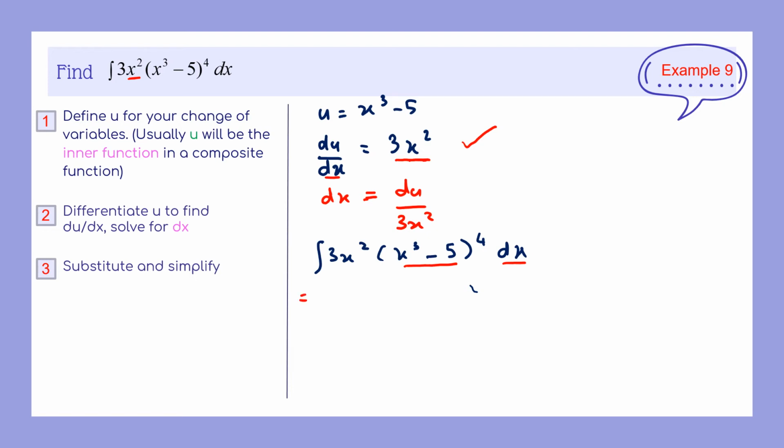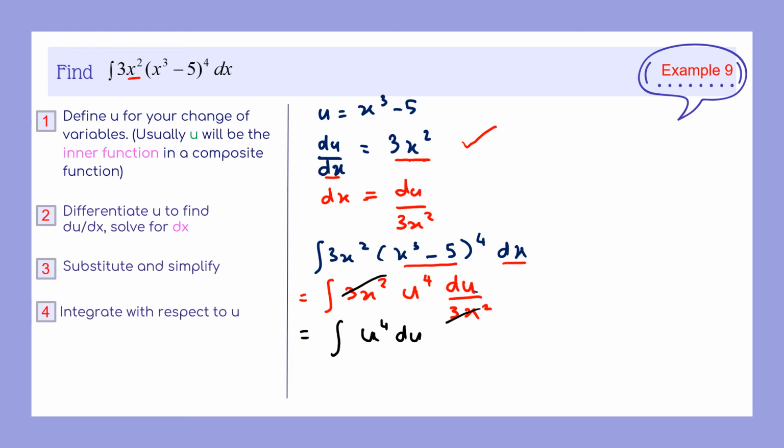So we get integrate 3x^2 u^4, dx is du over 3x^2. And then we cancel out 3x^2. And we get integrate u^4 du.